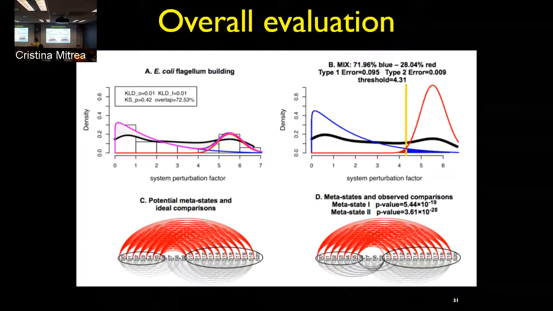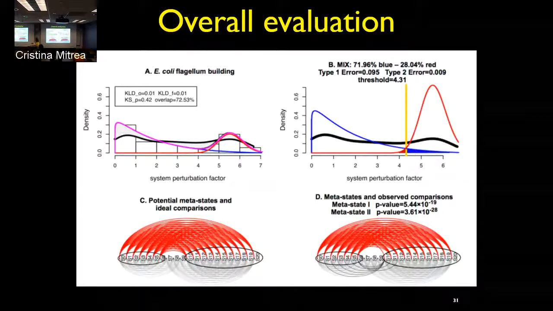The black one is the one from our measured perturbation factors. The purple one is the mixture model that we fitted to that distribution. And then for each potential metastate, we got a p-value based on the binomial distribution.